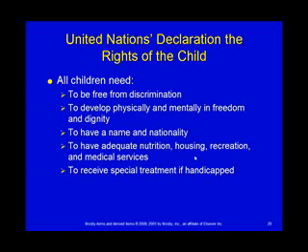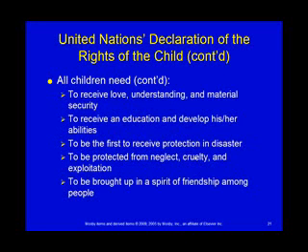And they have a right to receive special treatment if they're handicapped. Some of the other rights include they have the right to receive love, understanding, and material security, to receive an education, to develop their abilities, and to be the first to receive protection if there's a disaster. They also have a right to be protected from neglect, cruelty, and exploitation, and to be brought up in a spirit of friendship among people.